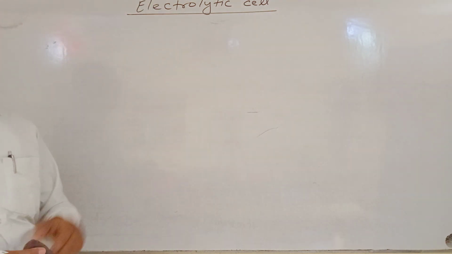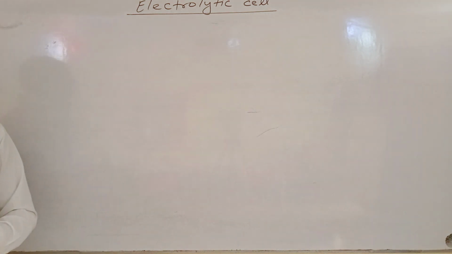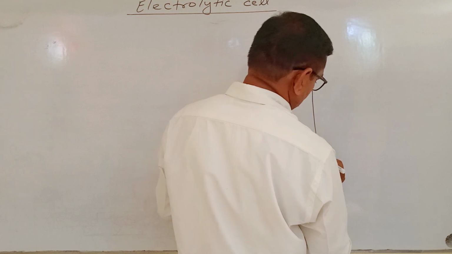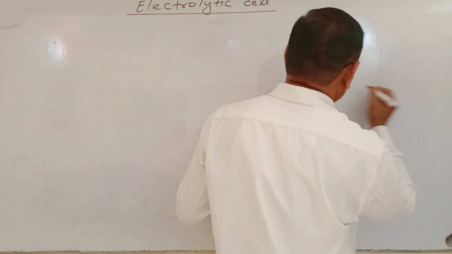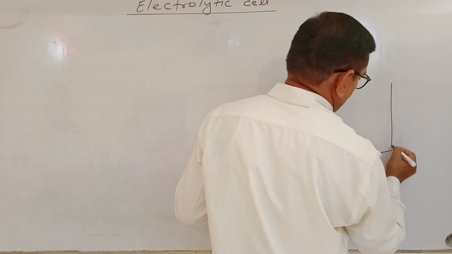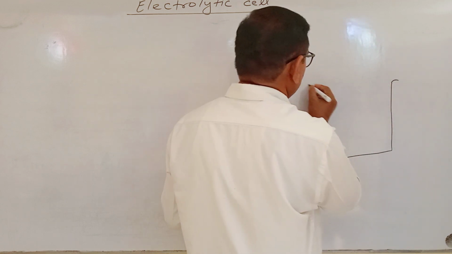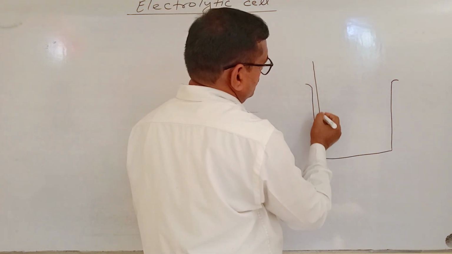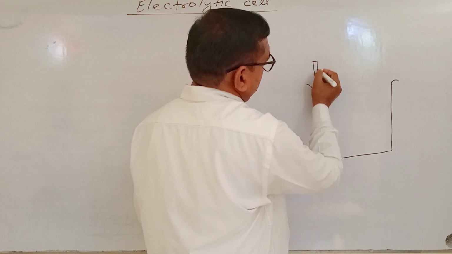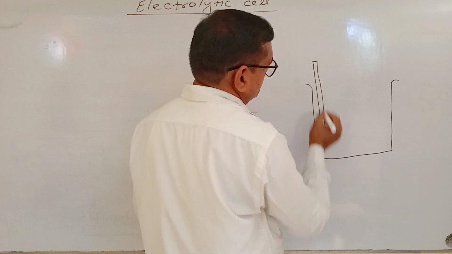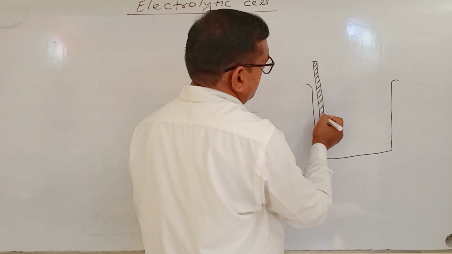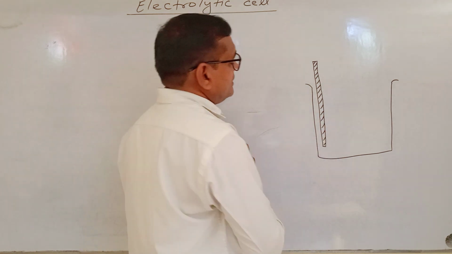Now draw a figure. It is a vessel. It contains two metal rods. It is a rod.